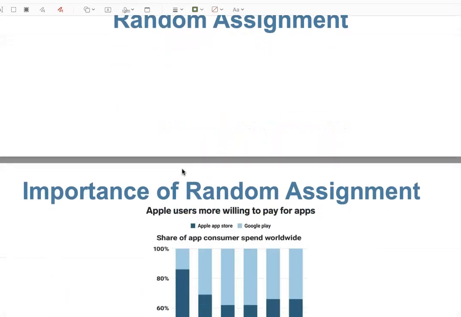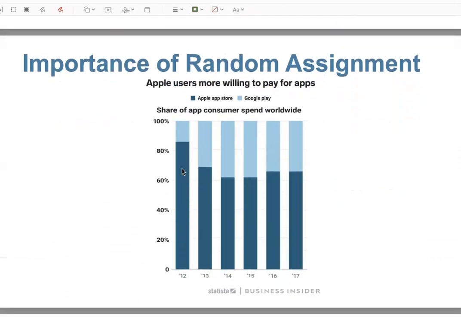Here is another example to show you how important random assignment is. This is just an example. They looked at how much app consumers spend around the world. Here we have the iPhone App Store and Google Play.